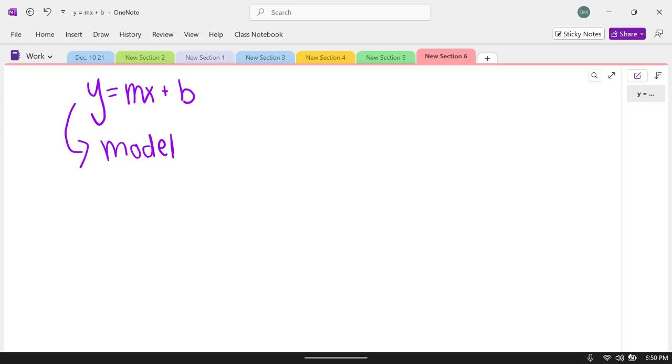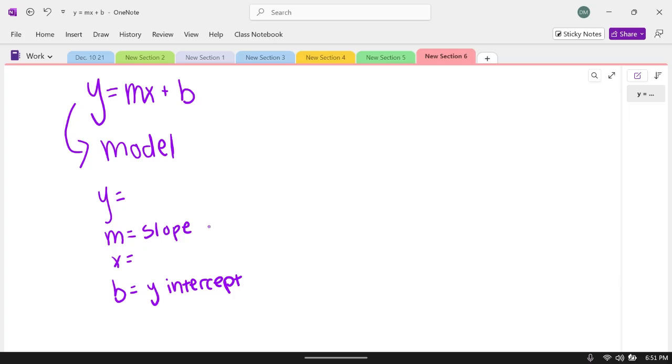So we're going to take y equals mx plus b, and y is going to become something new, m will become something new, x becomes something new, and b also becomes something new. Now, slope, hopefully you know by now, is going to be m. Y-intercept is the b.